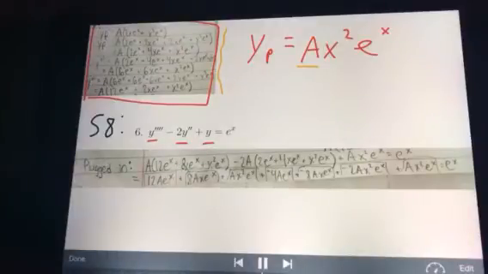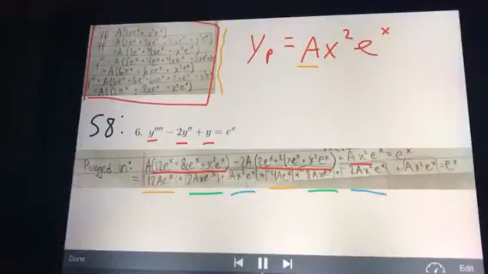You can see we have our y to the fourth prime minus 2 times y second prime, and then we have our original. And then you see here I circled the terms that match up. For example, here we have our A e to the x and our A e to the x. We have our 8A x e to the x and another A x e to the x, and then we have our x squared e to the x's over here.